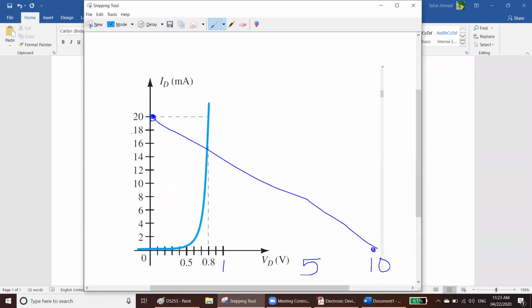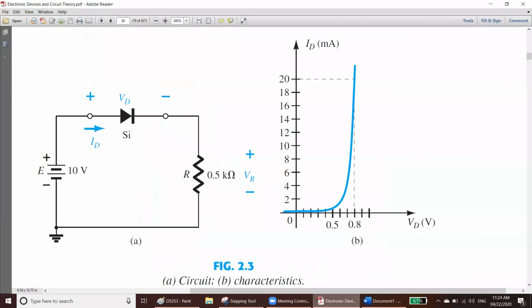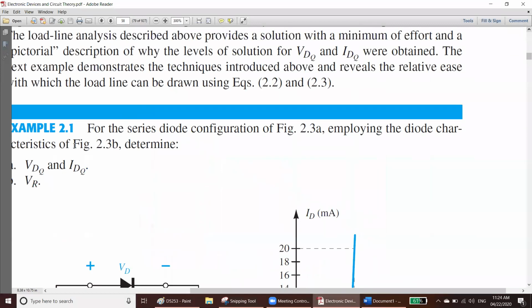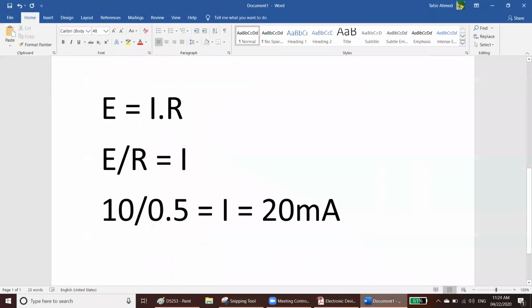These two values, this 10 and this 20, we will put, and we got our load line, and it will intersect the characteristics curve here. Remember, that is your Q point. Q means your operating point. Here we already got our Q point.